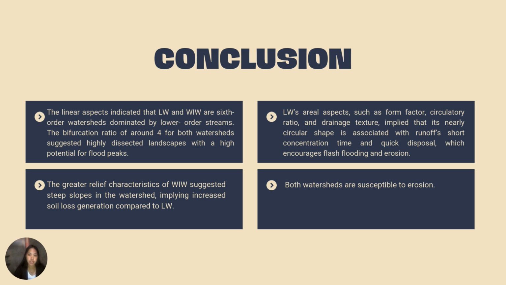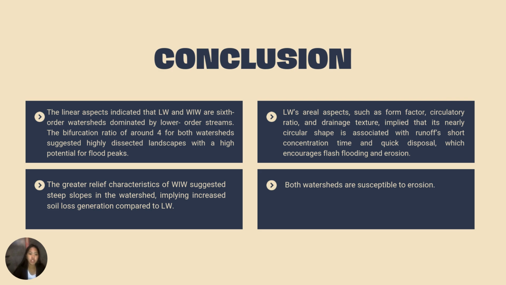LW's aerial aspects such as form factor, circularity ratio, and drainage texture implied that its nearly circular shape is associated with runoff's short concentration time and quick disposal, which encourage flash flooding and erosion.